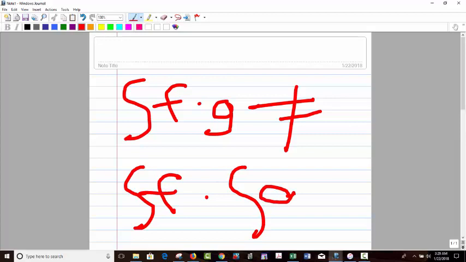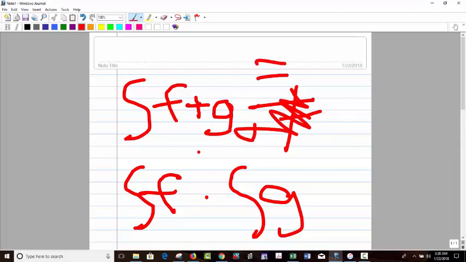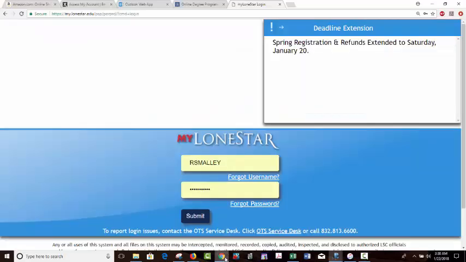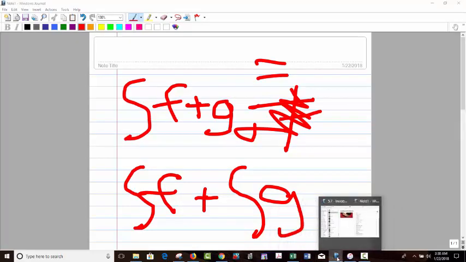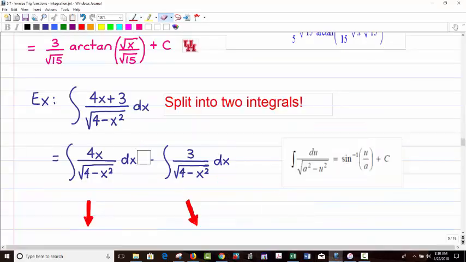In other words, you can't do that with integrals ever, but with a plus you can. So if I get rid of this and put equal here and make that a plus, then we're in business. Okay, so let's clarify little mistakes like that from time to time. Things we do not want to do.